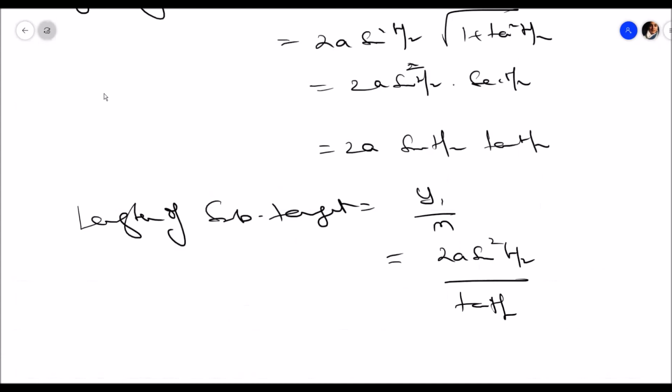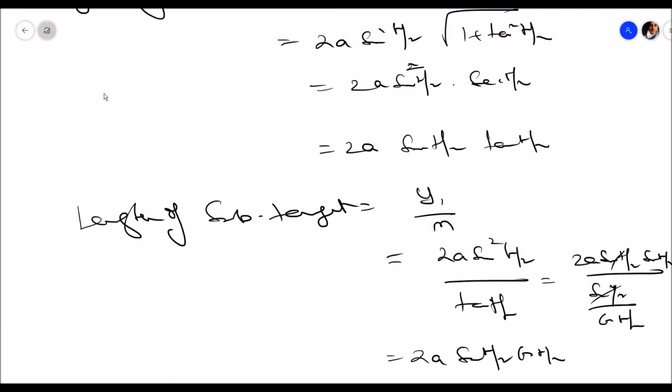You can simplify it by writing it as 2a sine t by 2 into sine t by 2 by sine t by 2 by cos t by 2. Sine t by 2 gets cancelled. When I take cos t by 2 here, that will give you 2a sine t by 2 cos t by 2, and this and this will give you a sine t.